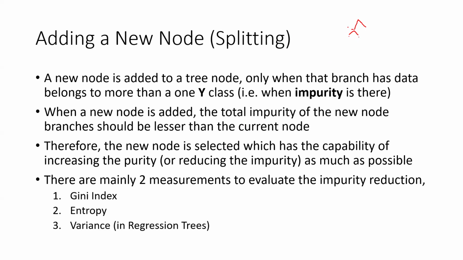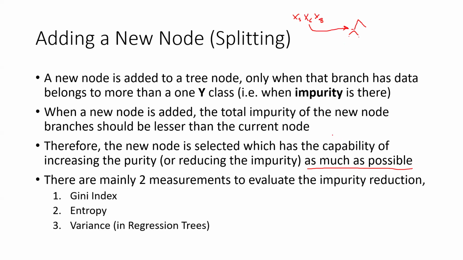So when we add the new node, we select the variable which should reduce the impurity as much as possible, right? So you have certain x variables remaining, like x5, x6, x8, something like this. You select the best variable for this particular tree node, which should reduce the impurity as much as possible.